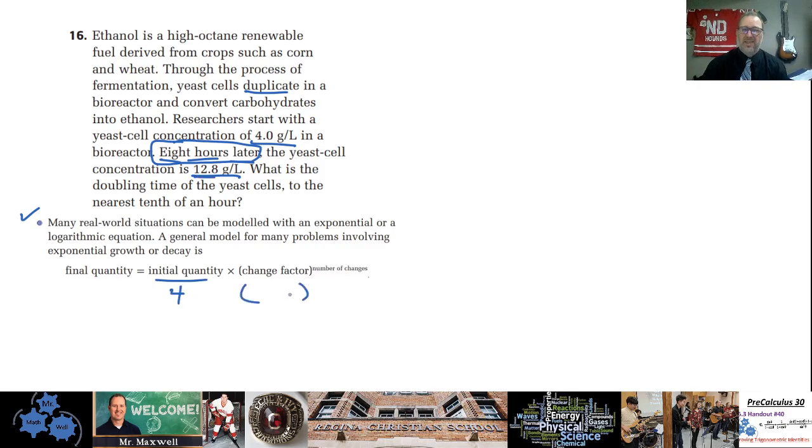My change factor, I actually don't know what that is, but I know that 8 changes later, I get 12.8. So that's the way I did this. And I started off by solving for x as the first stage. I'm doing this in 2 parts. So let me just rewrite that up here. So 12.8 equals 4 times x to the 8, really.